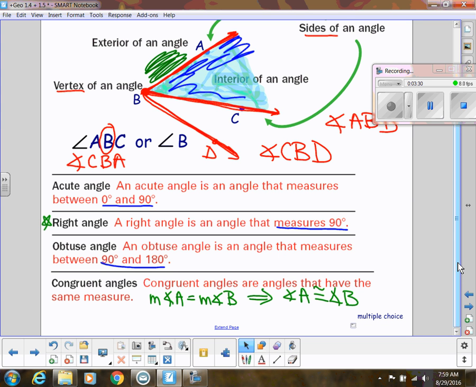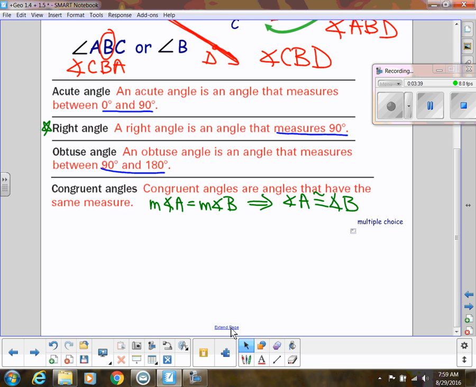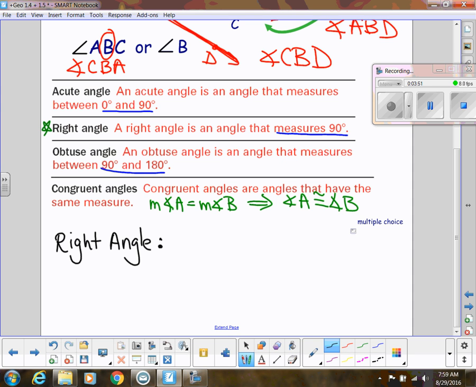Now I have right angle starred because that is one of our proof cards that I want to make a specific definition for. So for your right angle card, let's write that in if-then form.